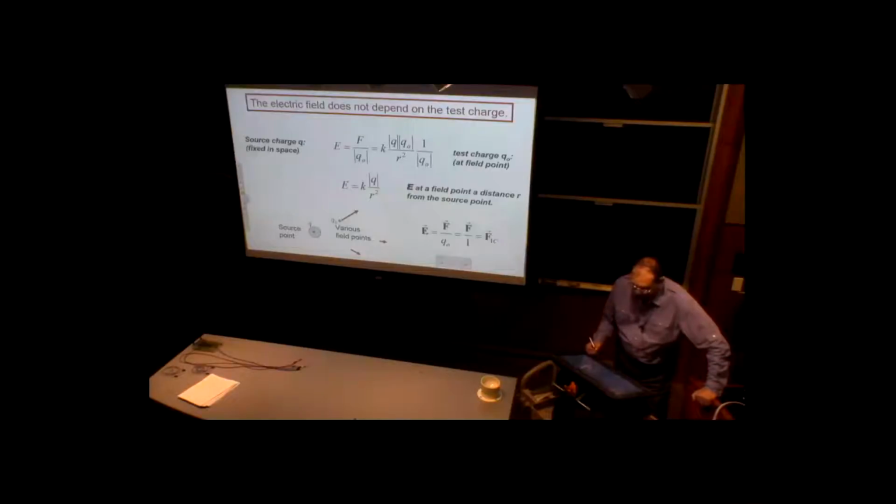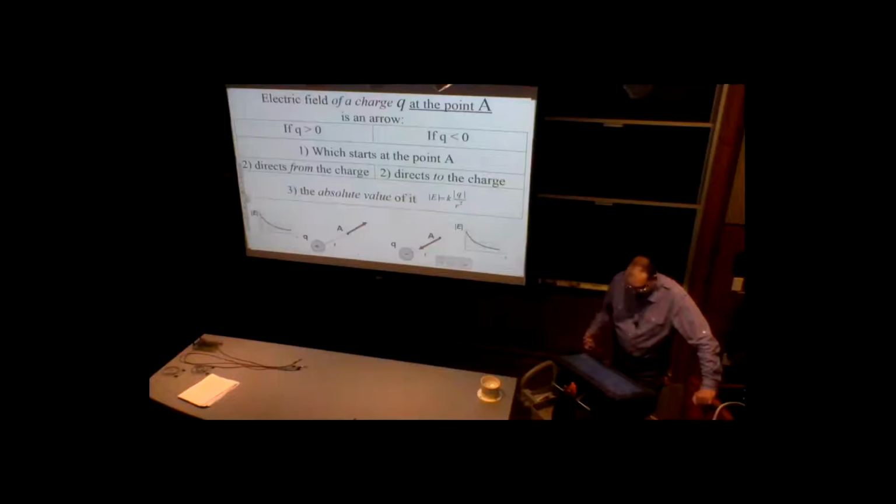And we know the magnitude of electric field of a single charge is related to the magnitude of the charge. Technically, I should add these vertical bars to everything. And the positive charge and the negative charge generate electric field of the same magnitude. The equation is the same. That magnitude decreases when we move away from a charge, but the direction depends on the charge according to the rule.